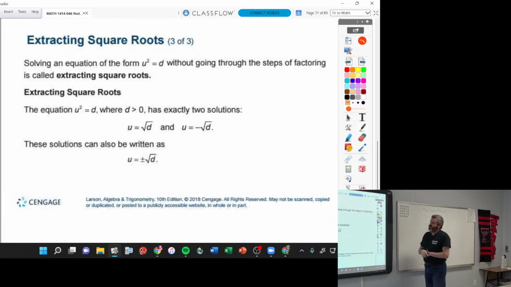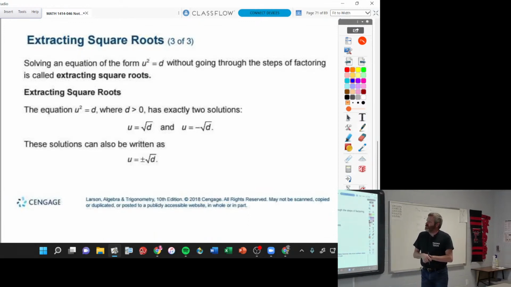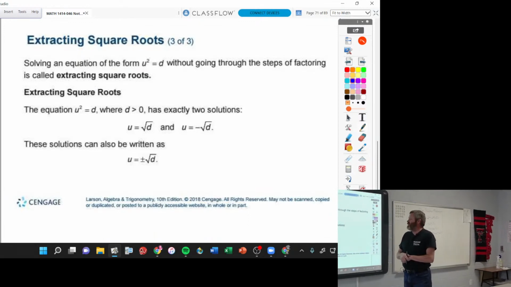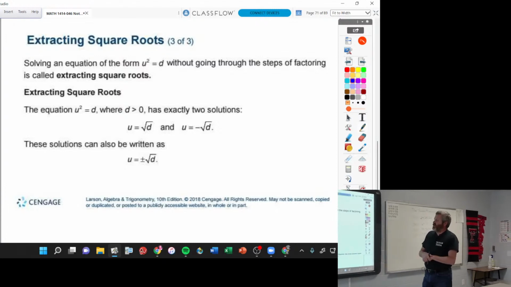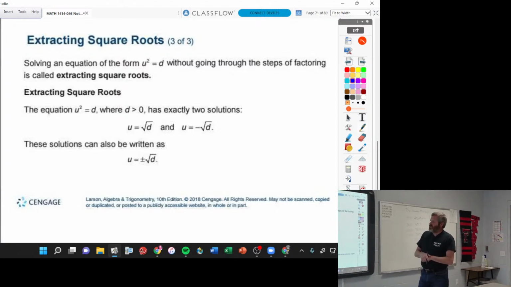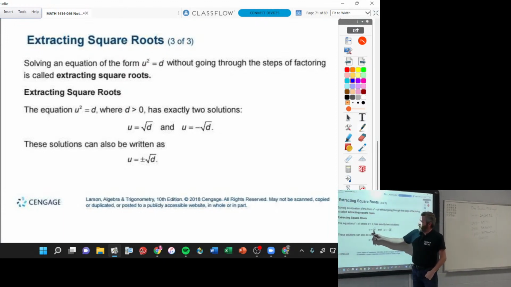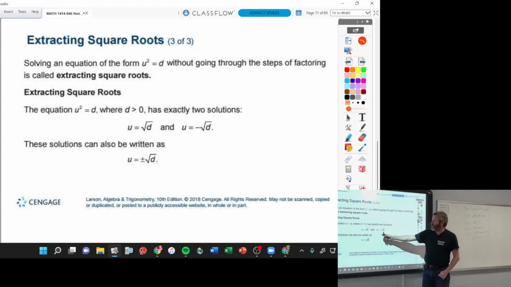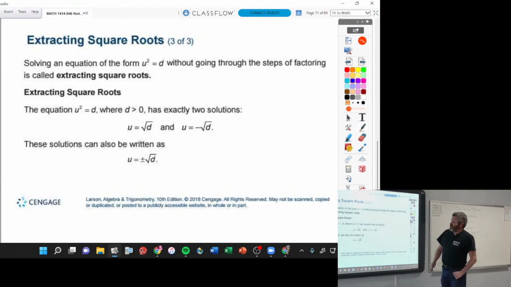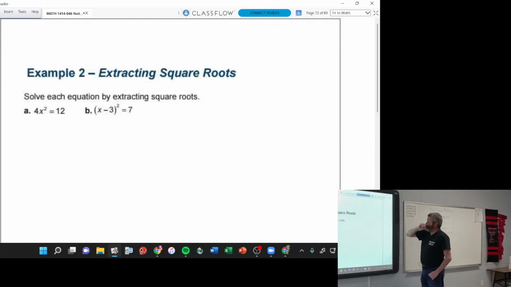Solving the equation in the form u squared equals d without going through the steps of factoring is called extracting square roots. You take the square root of both sides, the positive square root of d and negative square root of d. So you're going to get u equals plus or minus the square root of d.